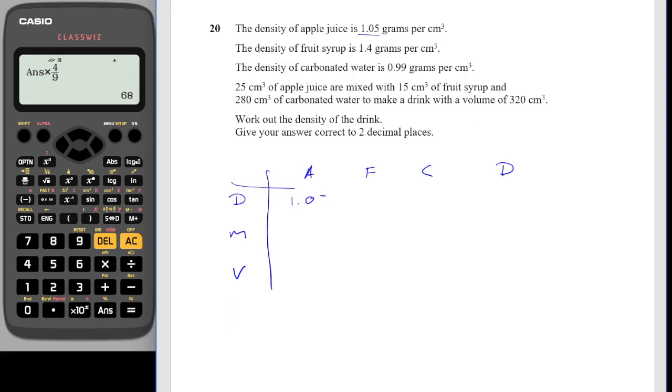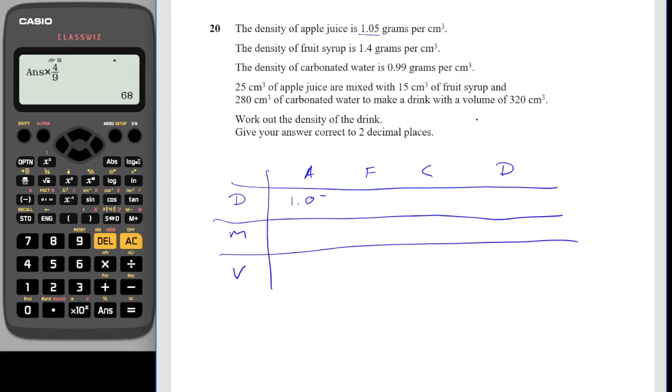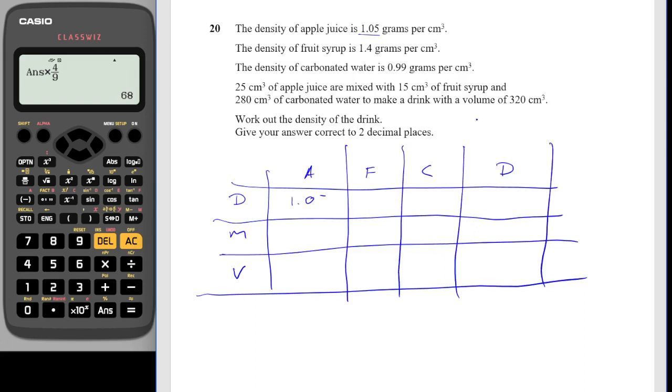I'm going to create a very rough table and work out the density of the drink. So I want to work out this value here. So I have 1.05 for the density of the apple juice, of the fruit syrup 1.4, and of the carbonated 0.99.